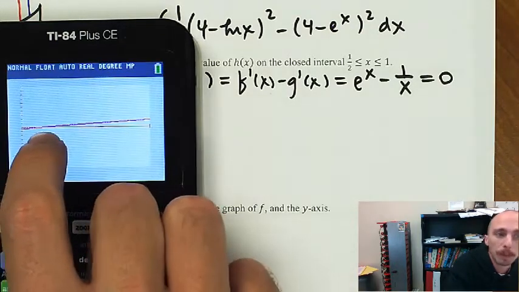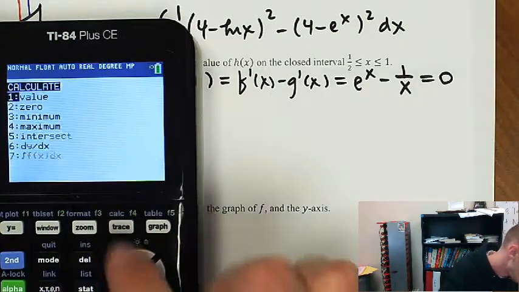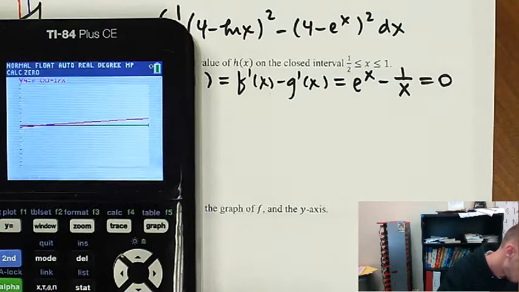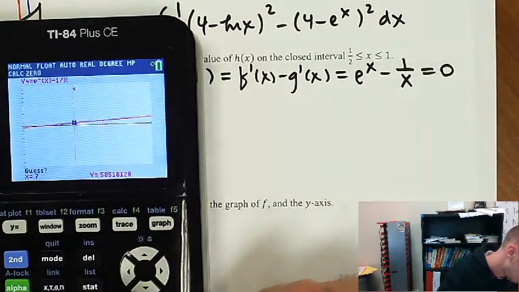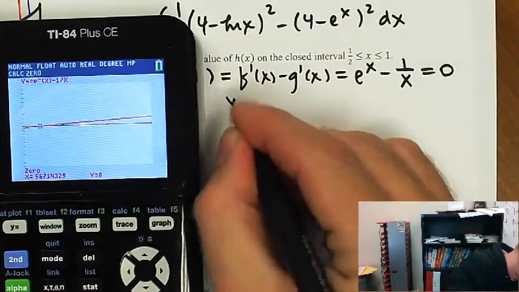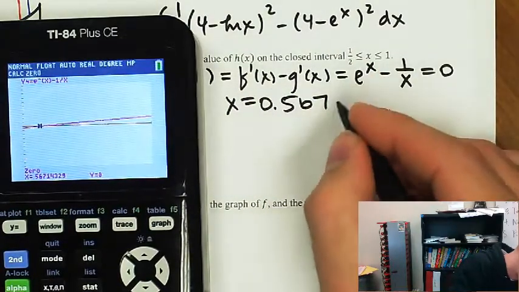It's also a relative minimum, so I feel like my chances are good for that to be the absolute minimum. But we're going to calculate the zero. The left bound is going to be 0.5, right bound could be 0.7. I thought maybe because it was pink it wouldn't show up that well, x equals 0.5671439.